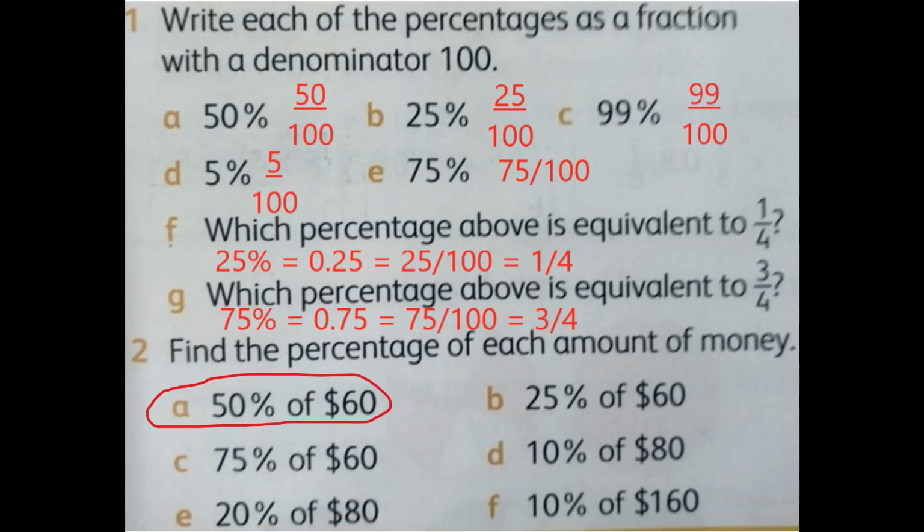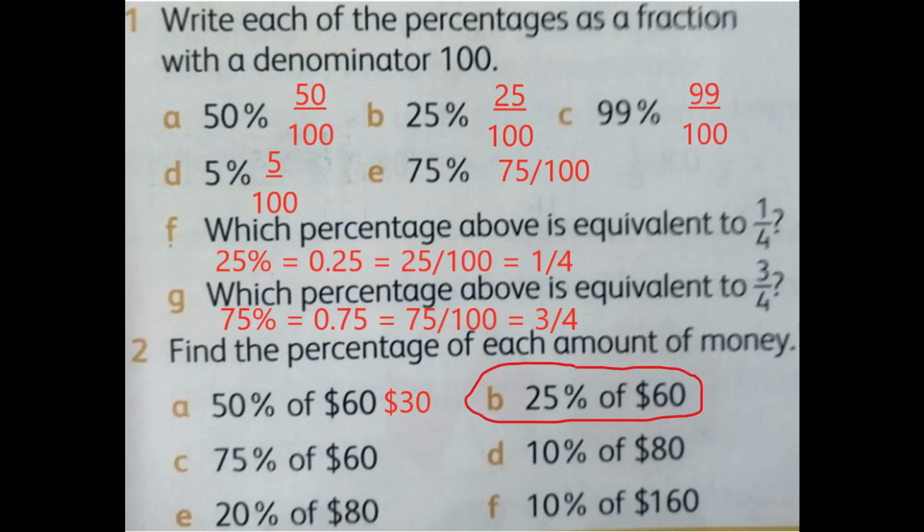Letter 2A says 50% of $60. So again, we know that 50% is half of something. So we know that 50% of $60 is $30. Letter B is 25% of $60. So what I'm going to do here is divide, converting 25% to a quarter, which is 4.